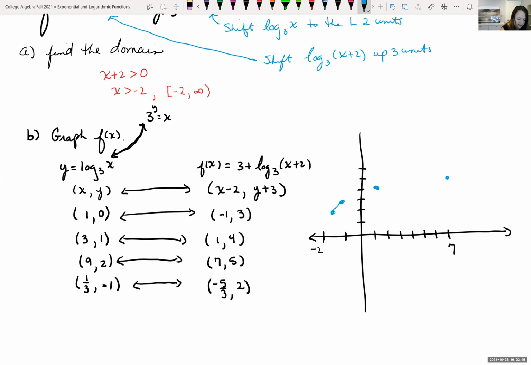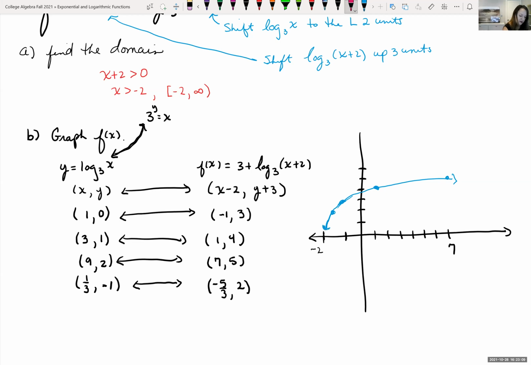So right now it's looking like this, and I don't know where my y-intercept is, but I could find that technically, right? And I don't know where my x-intercept is right now.